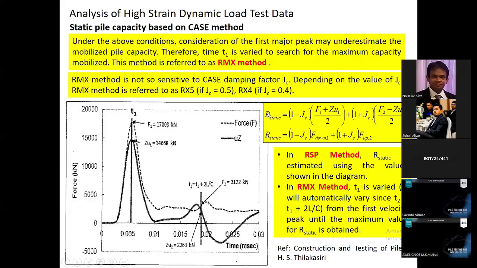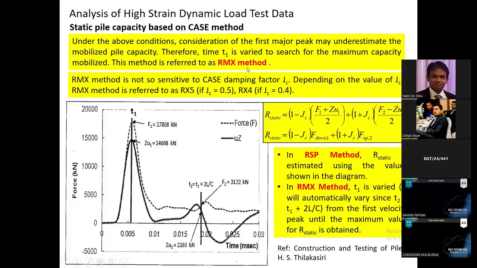So this is the static pile capacity given by the PDA test record. JC is known as the case damping factor. The Case Institute is the institute that developed the analytical methods for analyzing the PDA test data.